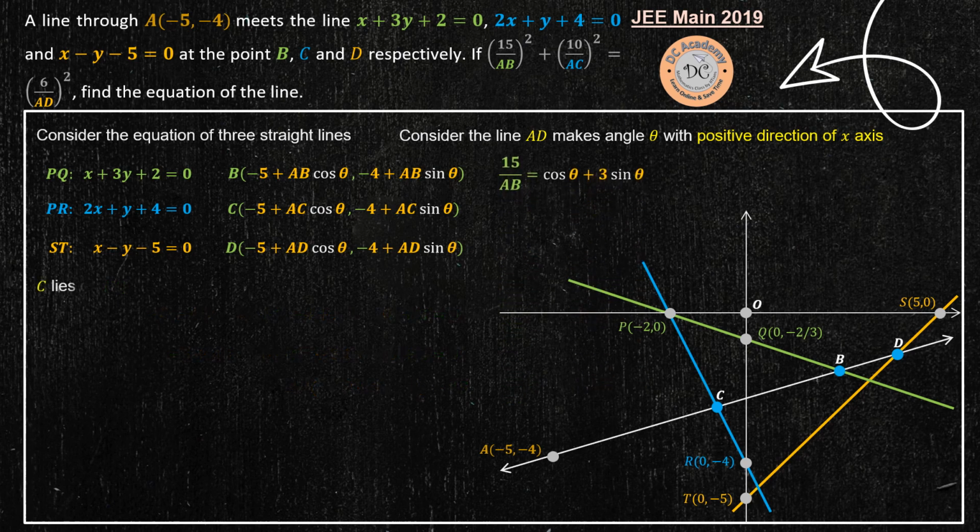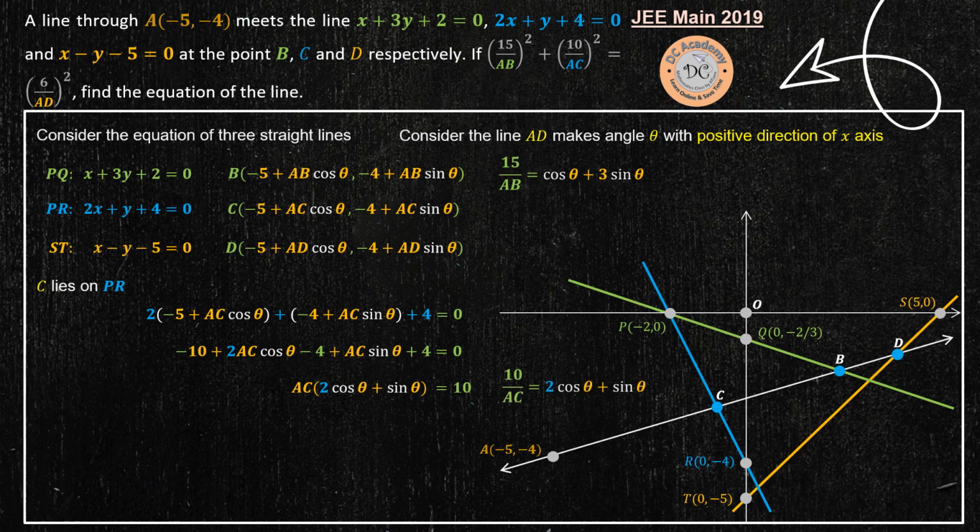C lies on the line PR. So by suitable substitution, we get the relation. We do the basic arithmetic calculation and find 10 by AC is 2 cos theta plus sine theta. So we are finding 15 by AB and 10 by AC in the form of sine theta and cos theta. So the last one is remaining.